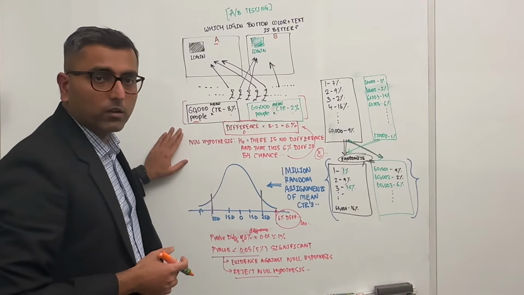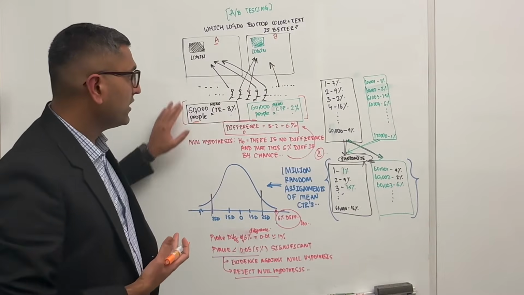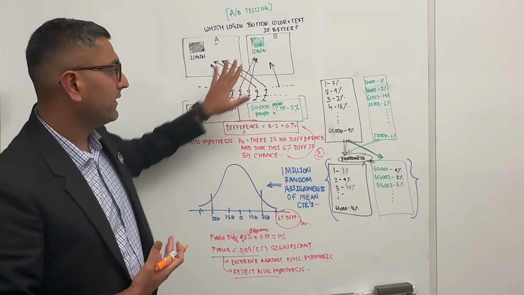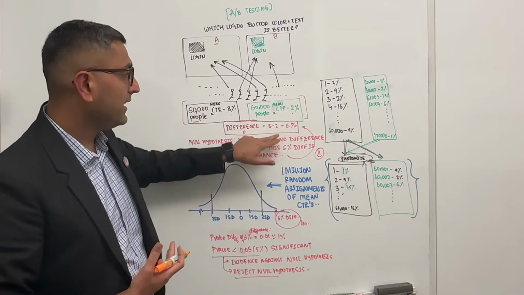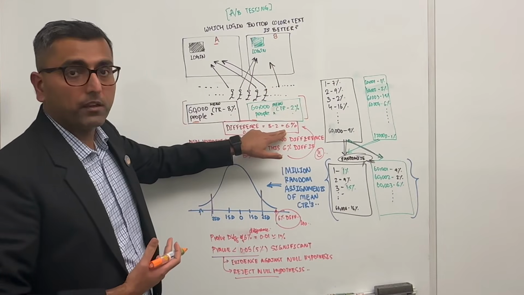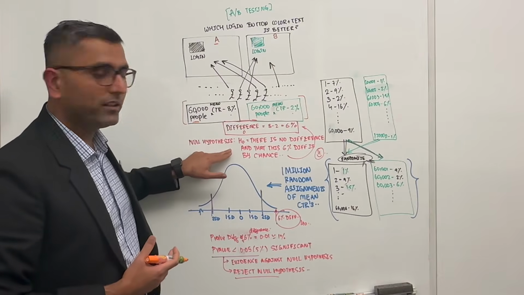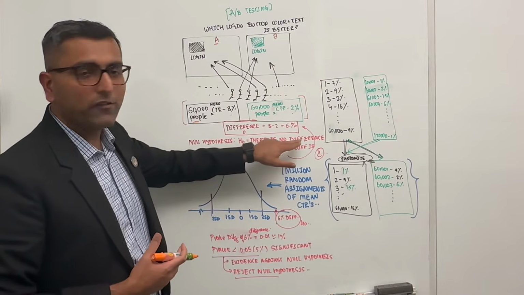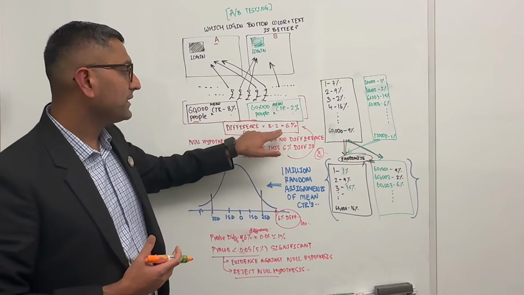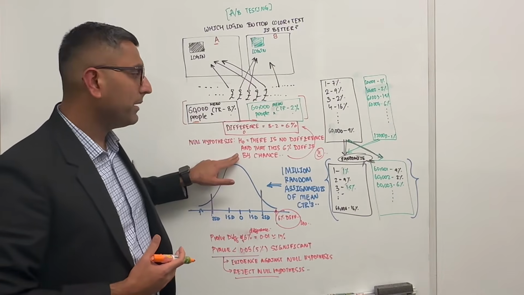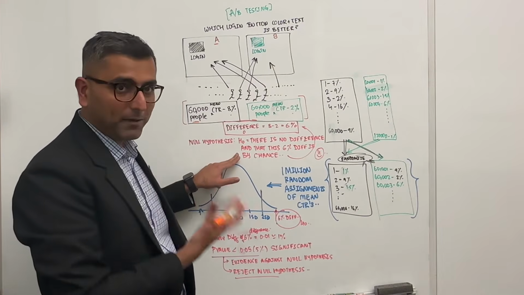That's where we can use A/B testing, not just by assigning them to different buckets and running them once. You create a hypothesis and say, my null hypothesis is that there is no difference, and that this 6% difference that we are seeing is purely by chance. That would be my null hypothesis.